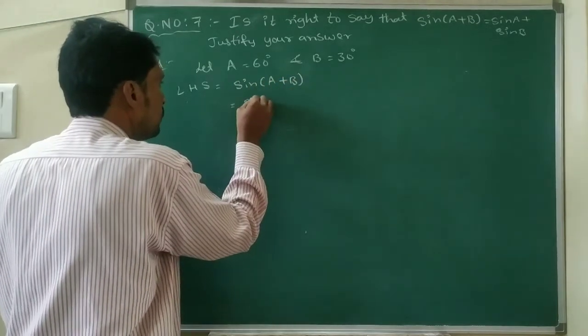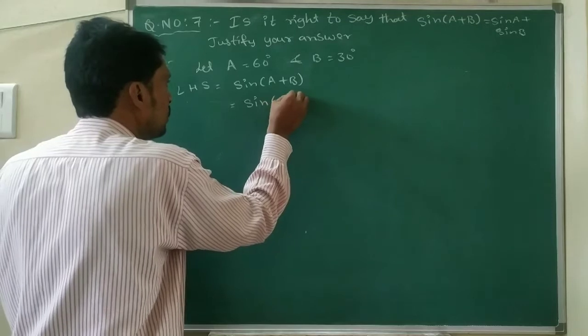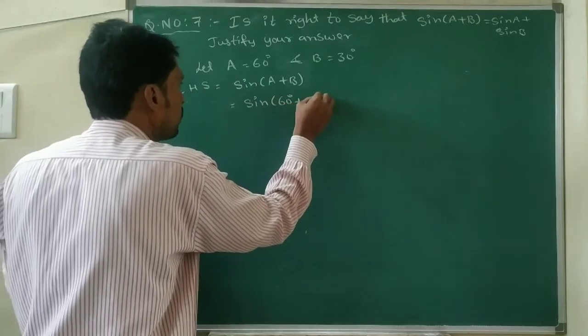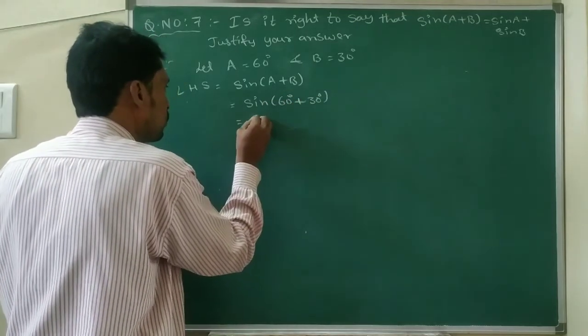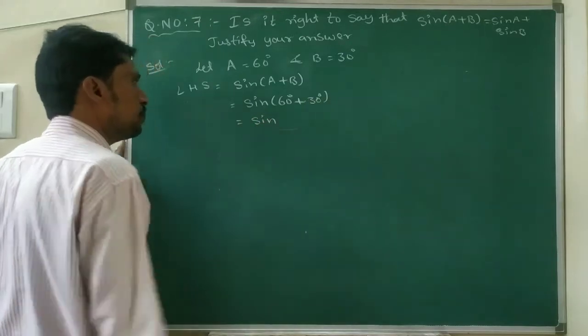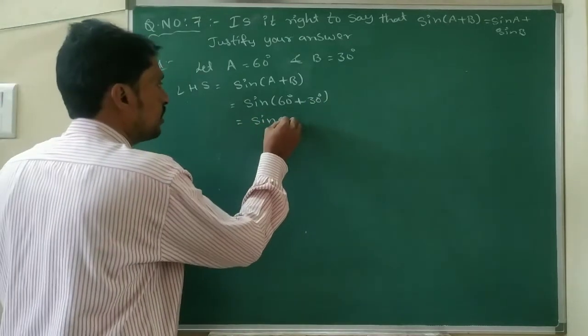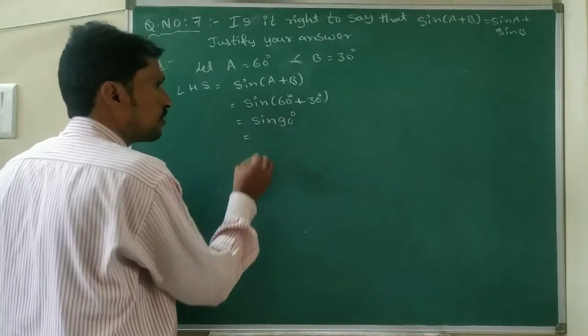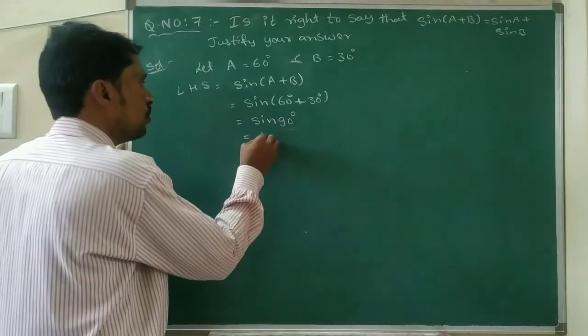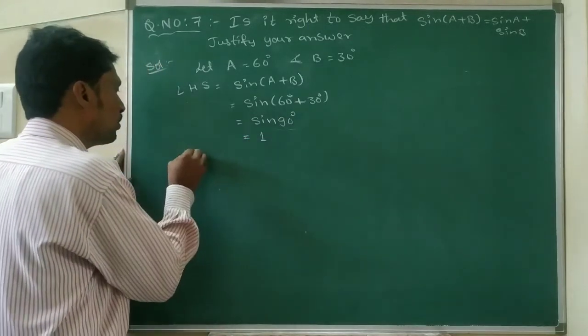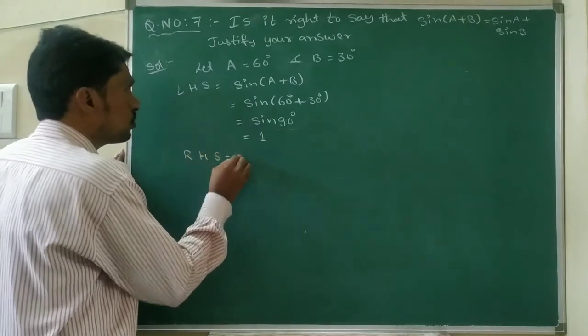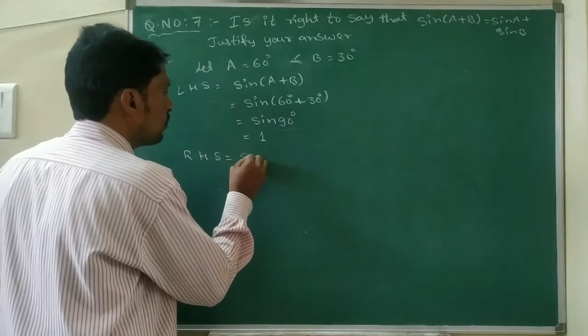That equals sine of A value 60 degrees plus B value 30 degrees, that equals sine of 60 plus 30, that is 90 degrees. Sine 90 value is 1. So we got 1. Now take RHS. What is RHS?